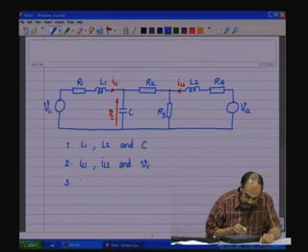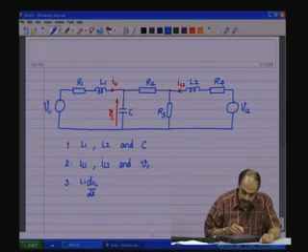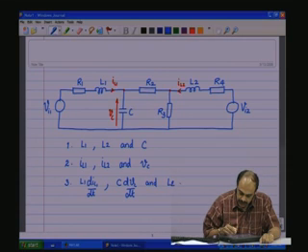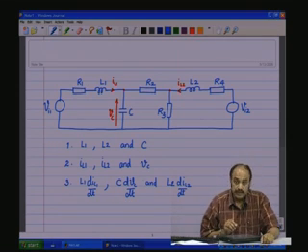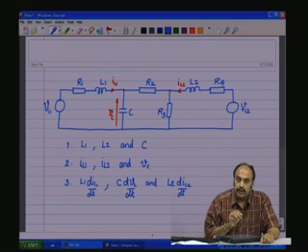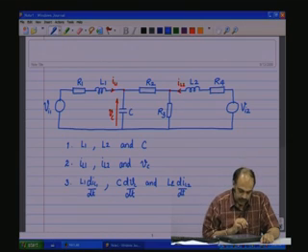First we take the equation around L1, dIL1 by dt, and then we take the equation around C, dVC by dt, and then the equation around L2, dIL2 by dt. So, these are the three dynamic equations that we need to formulate, which will finally describe this particular circuit completely.